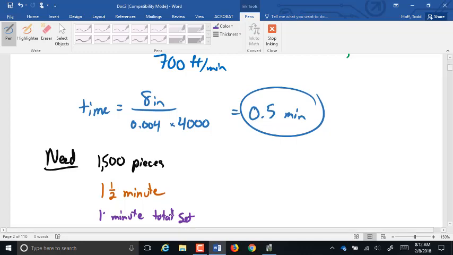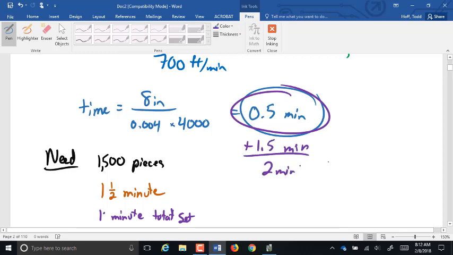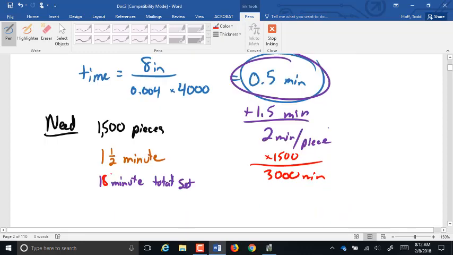So each piece is 0.5 minutes to cut it, plus 1.5 minutes to set it up. So that's 2 minutes per piece. Cutting and setup. Times 1,500 pieces, that's 3,000 minutes. Plus the 18-minute total setup.